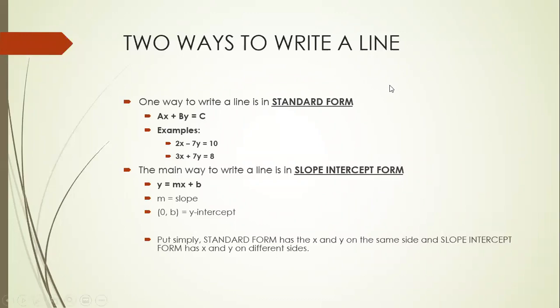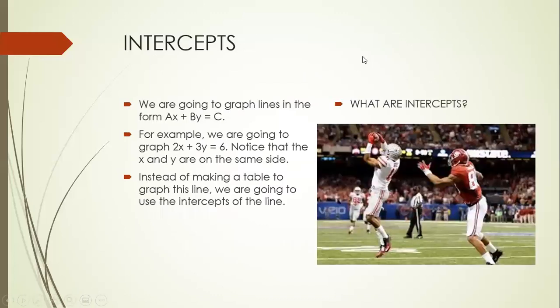So now let's talk about how we're going to graph a line when it's not in slope-intercept form, when the line is in standard form. So, intercepts. We are going to graph lines in the form ax plus by equals c. For example, we're going to graph the line 2x plus 3y equals 6.